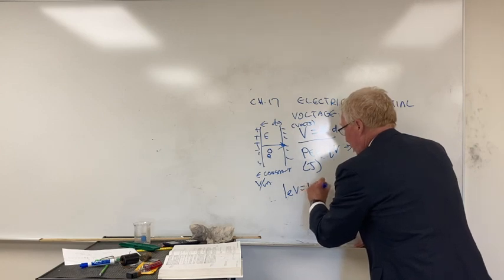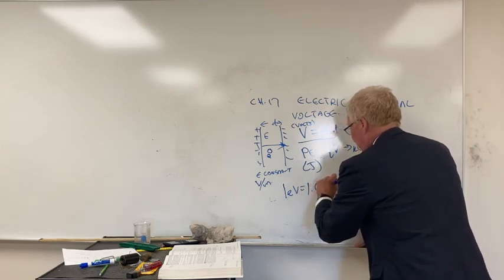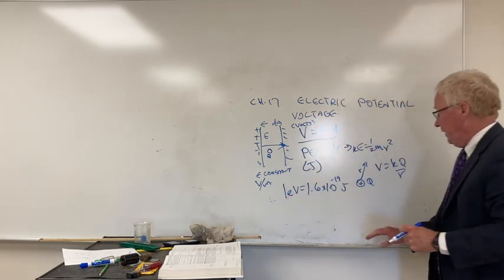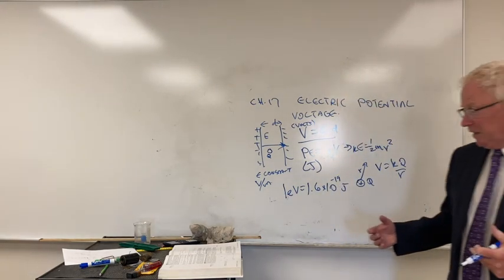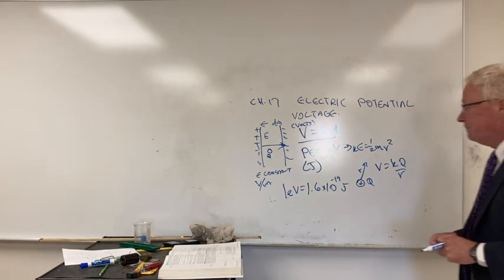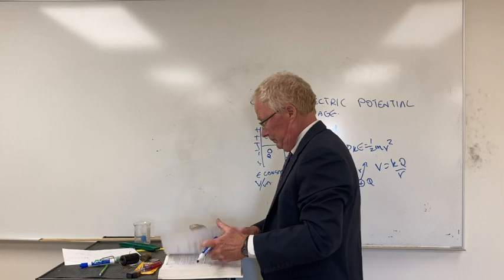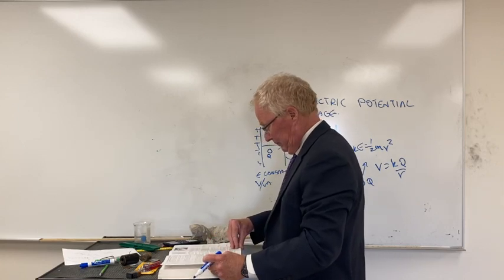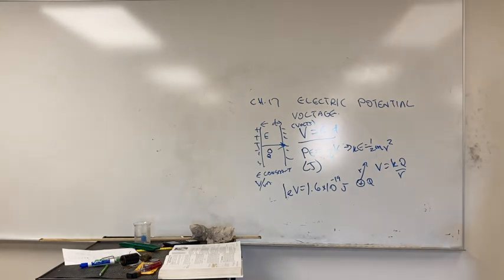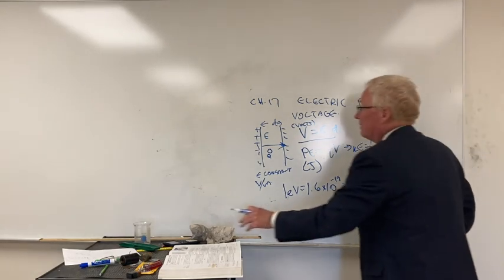So 1.6 times 10 to the minus 19th joules is 1 eV. So we talked about that as far as potential. So that's the first part of the chapter.